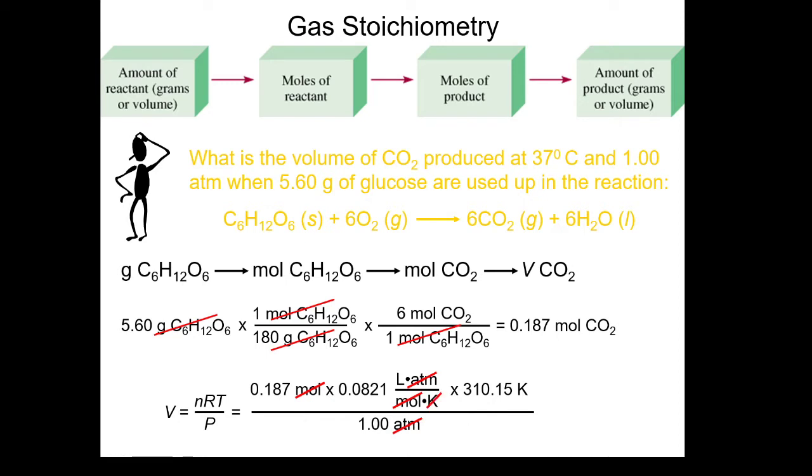I can't stress that enough. It's using grams, converting to moles, converting moles to moles using mole ratios. You've been doing it. The only thing we are doing different is that we are adding the PV equals nRT stuff that we learned.